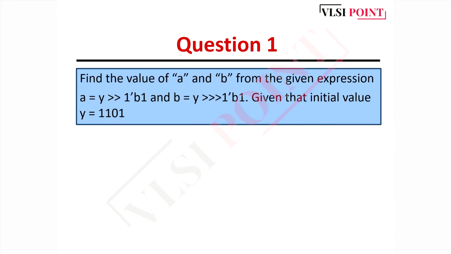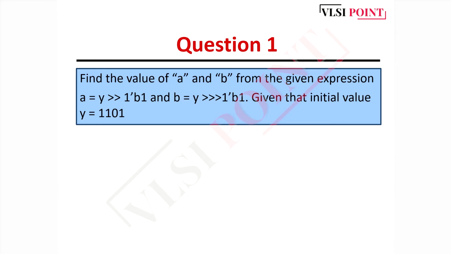However, in the second case, that is the B value, there is an arithmetic right shift operator, and the Y value is 1101. So simply you have to use the logical operator first and then the arithmetic shift operator. So quickly pause the video and solve the question, and then match your answers with my solution.